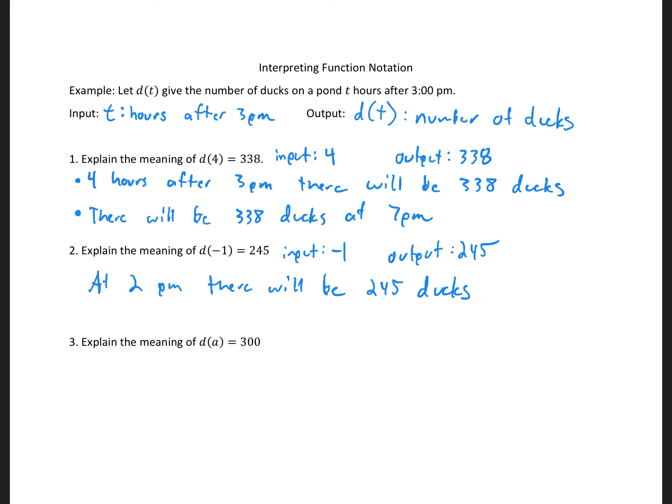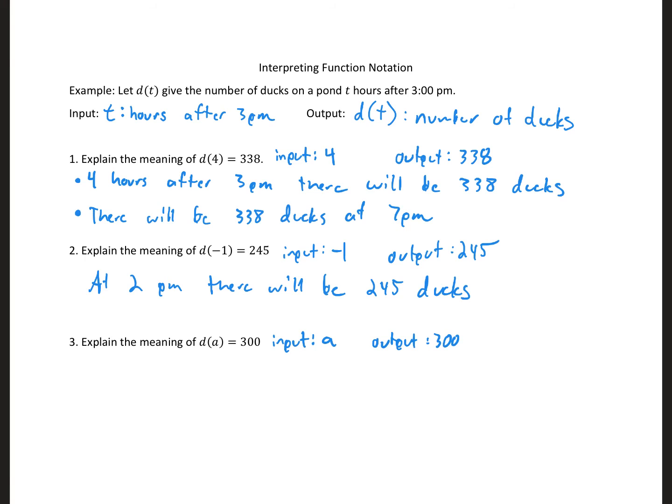Sometimes we don't fully know what the input variable or the output variable is, so we represent them with a variable itself. We replace it with something. So here I'm inputting, instead of t, a, because perhaps I don't know what t is specifically, but the output is still 300.